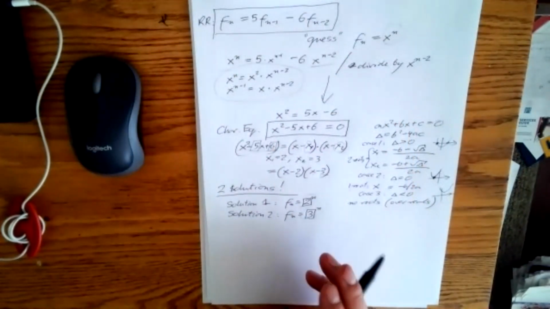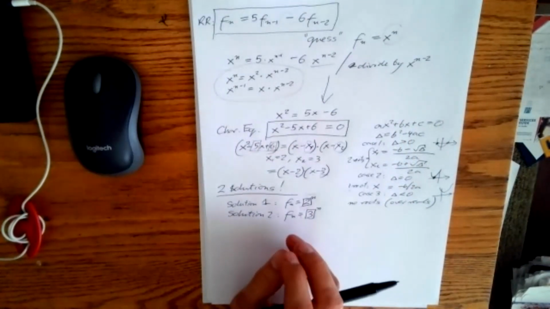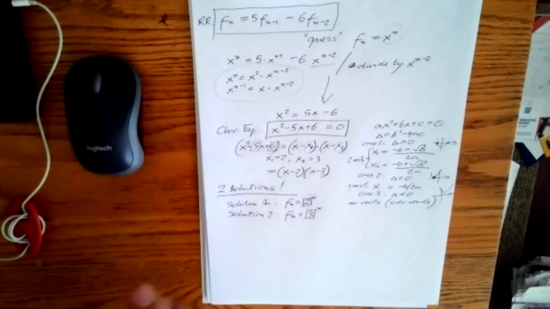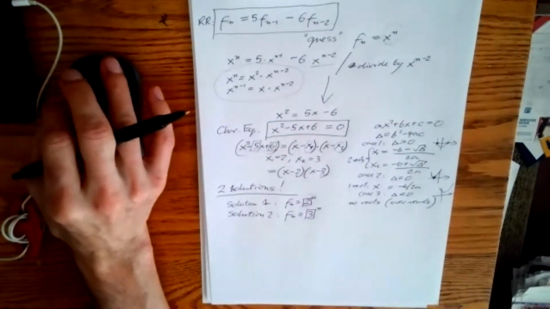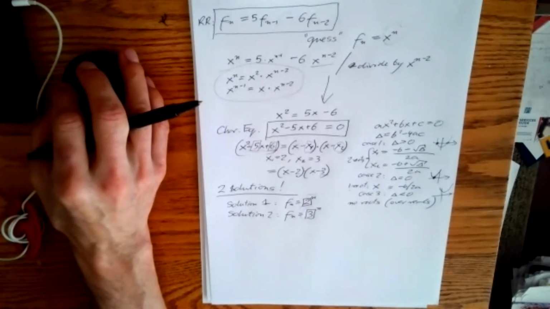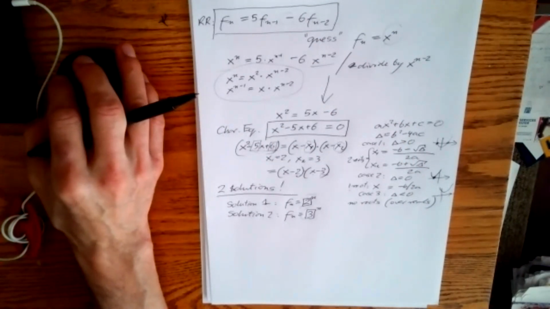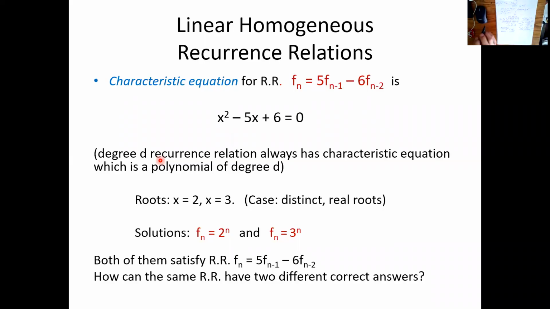But this doesn't say why these are the only solutions. They are the only ones of this form, but why is there no other solution of another form, that I'm not explaining.